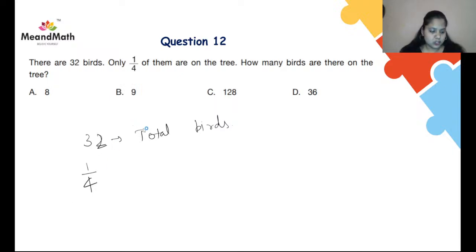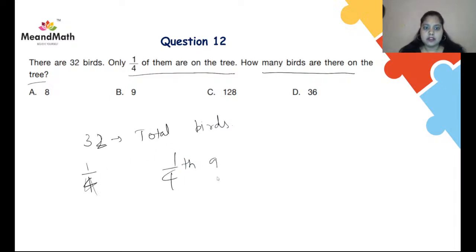Okay? So, they're asking us to find what is 1/4 of the 32 birds. Because how many birds are there on the tree? Only 1/4 of them are there in the tree, right? Exactly. So, we have to find what is 1/4 of 32.